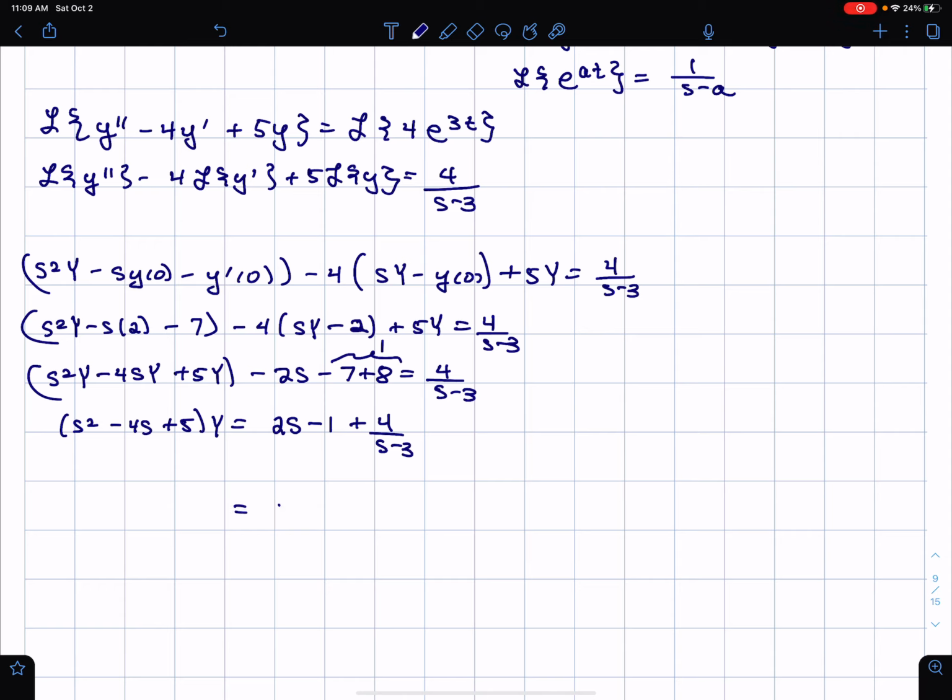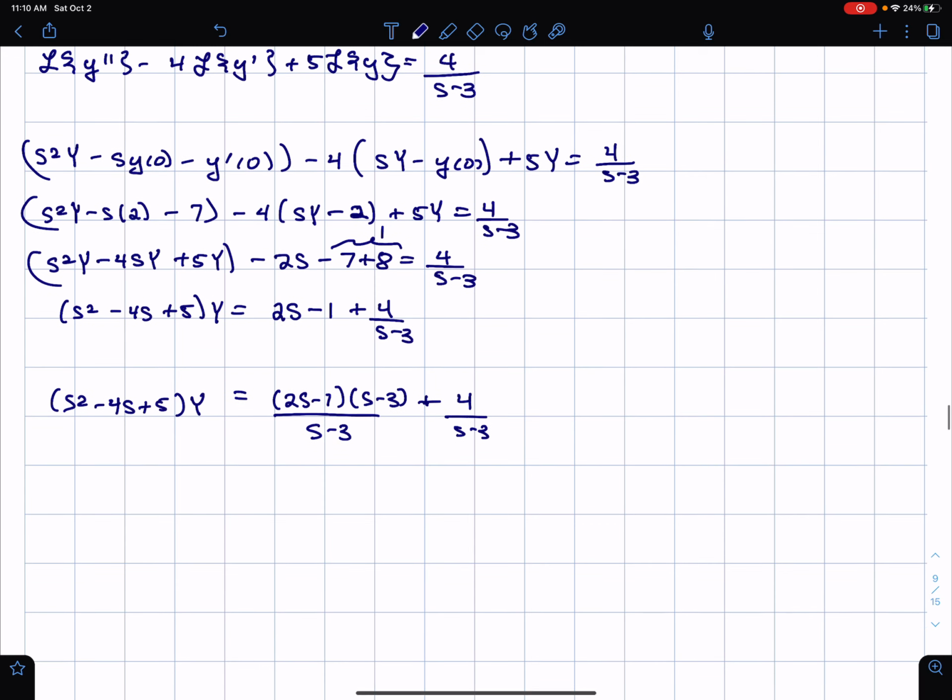And what I need to do is write this all as one fraction on the right-hand side so that I can do the work I need to do here. So that's going to give us 2s squared minus 7s plus 3 over s minus 3, plus 4 over s minus 3.